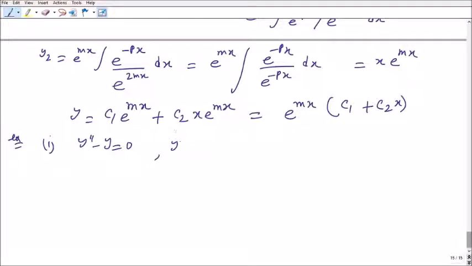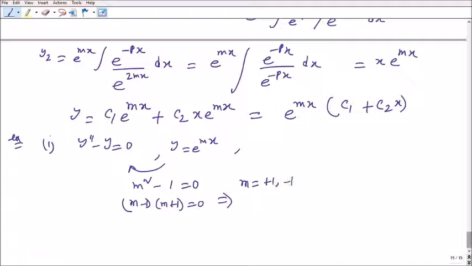Suppose y equal to e to the power mx is a trial solution, then we get the auxiliary equation m square minus 1 equal to 0. That means (m minus 1) into (m plus 1) equal to 0. So we get two values of m, m equal to plus 1 and minus 1. So the general solution is y equal to c1 e to the power x plus c2 e to the power minus x. This is the solution.